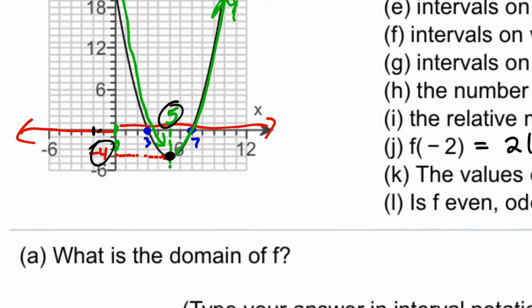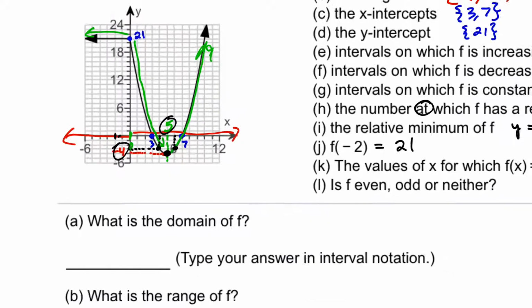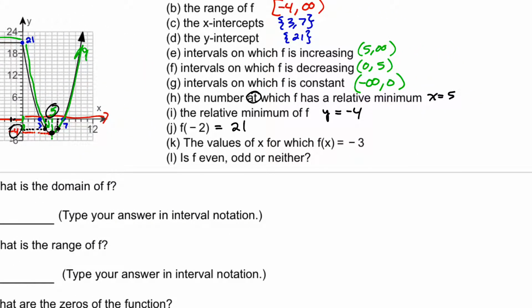So we're going to look for the height of -3, which is right here. 2 locations, there and there. So that's 4 and 6. Whoops, I meant to put x. Alright.